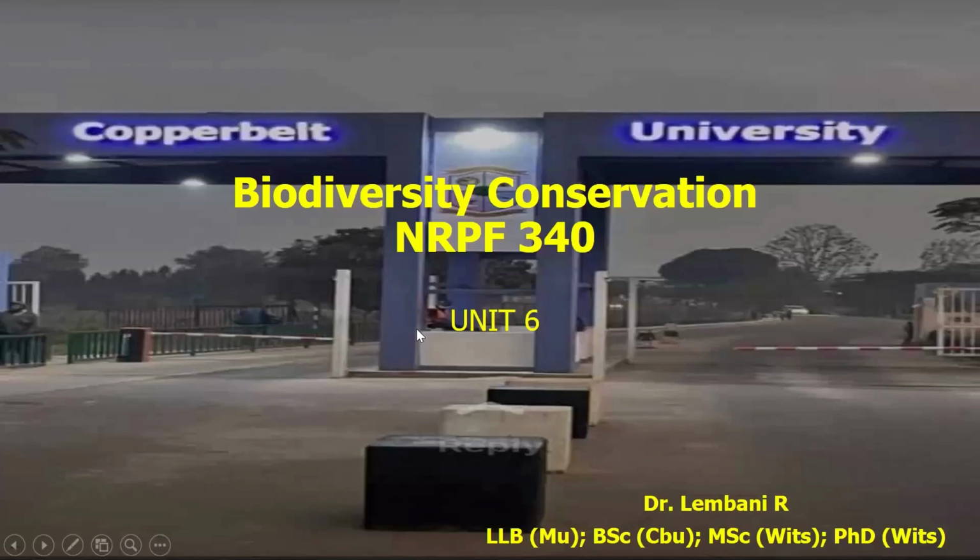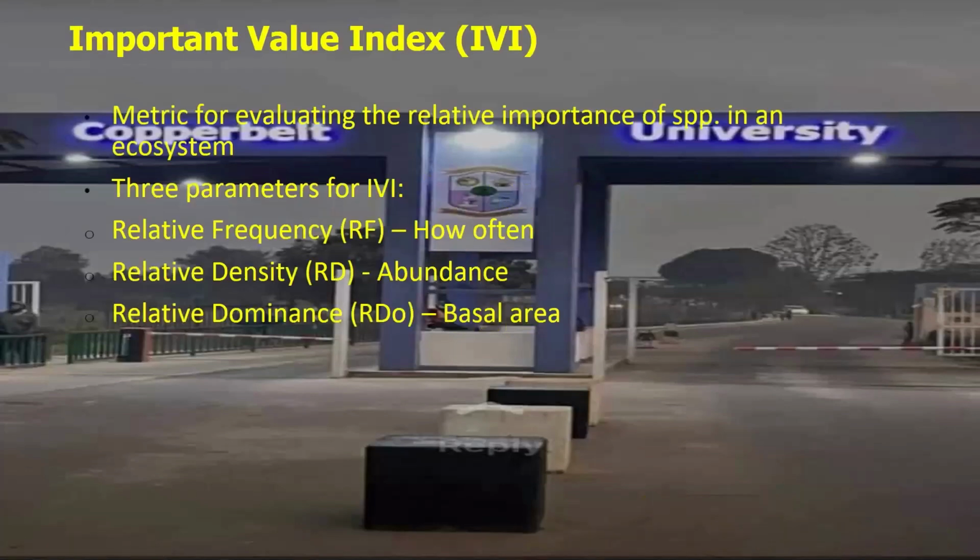So to start with, how do we define IV or Important Value Index? Well, IV is defined as a metric for evaluating the relative importance of species in an ecosystem. So we are saying that an ecosystem will have biodiversity, we have different species, okay?